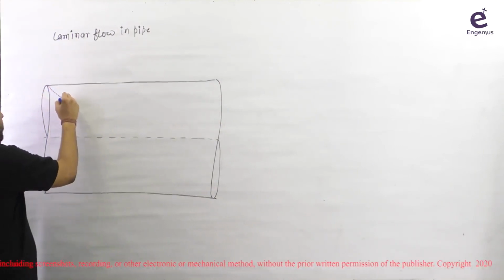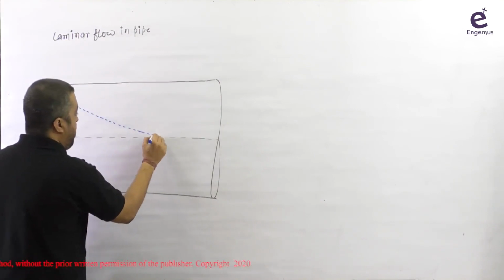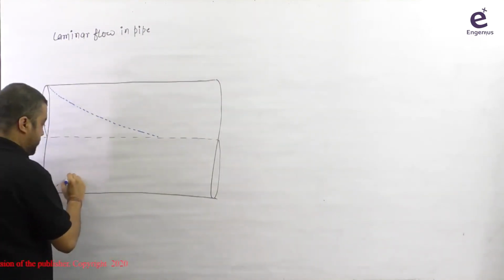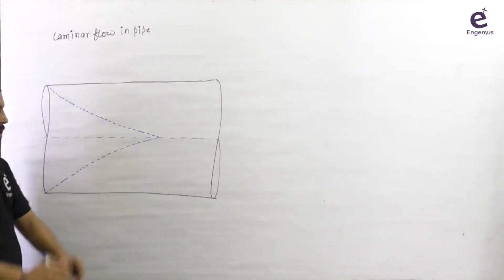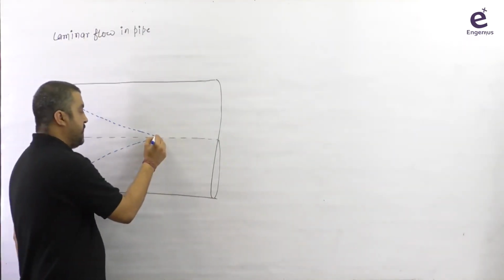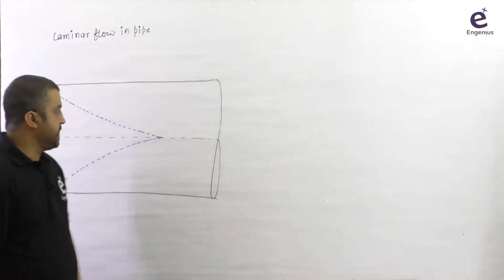So in this case, this is going to be developed like this. Similarly from this side also, from all sides. Okay, and it is going to be merged at the center of the pipe. ये pipe के center पे आपके इसमें merge कर जाएगी.